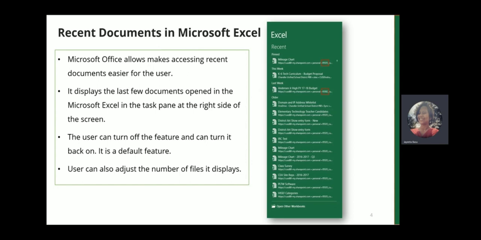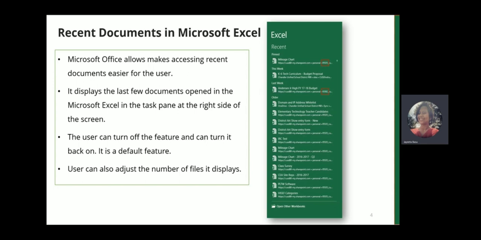Now let's say you're working on a balance sheet and you will be using it for quite some time. So every day you try to open it and work on it, or you will be using it after some time. So there are a lot of uses with those recent documents. Now there are 2 ways to locate that balance sheet.